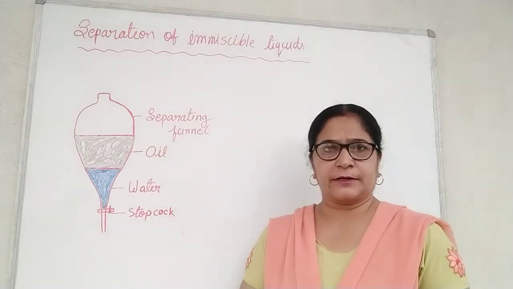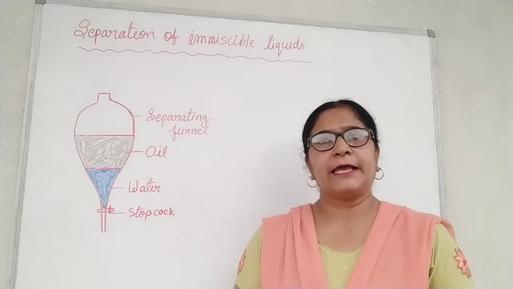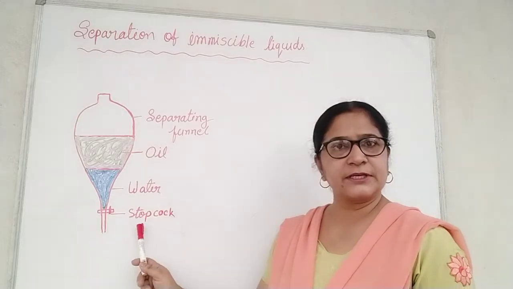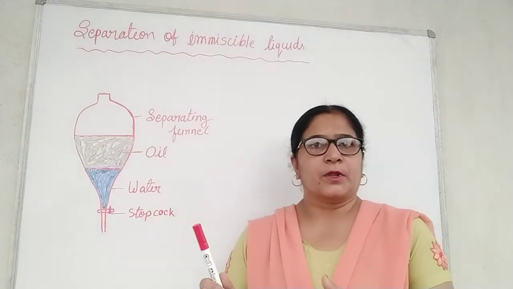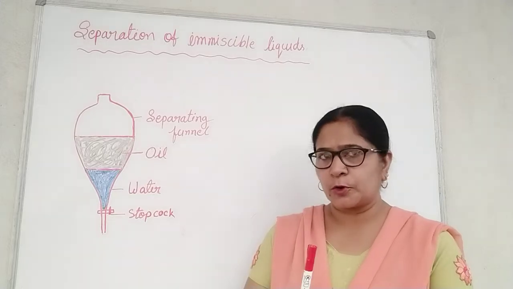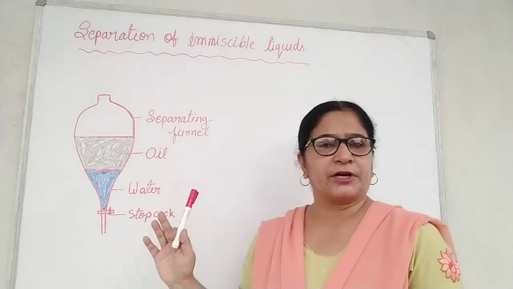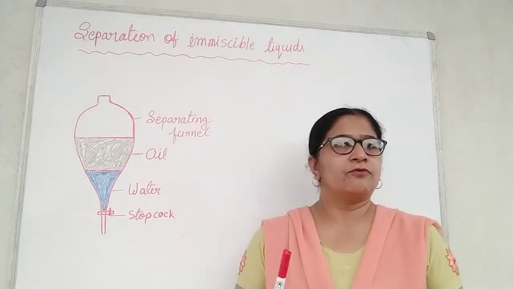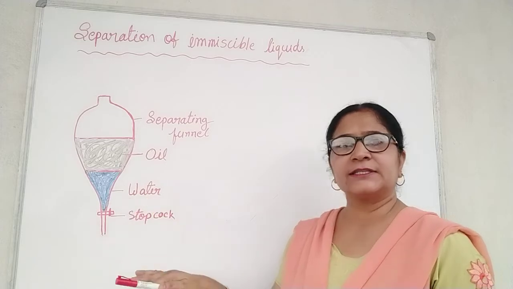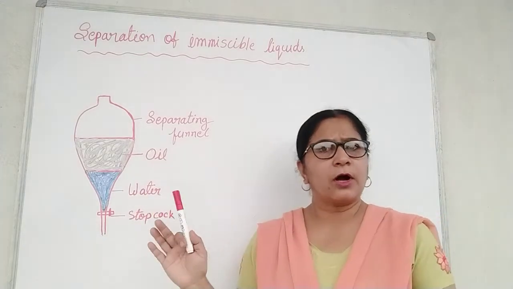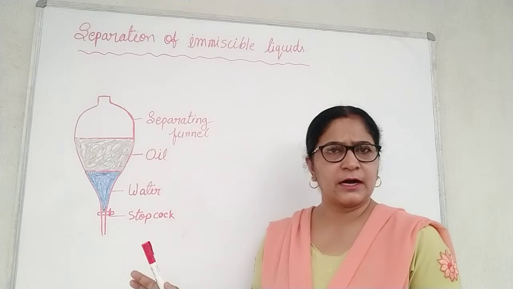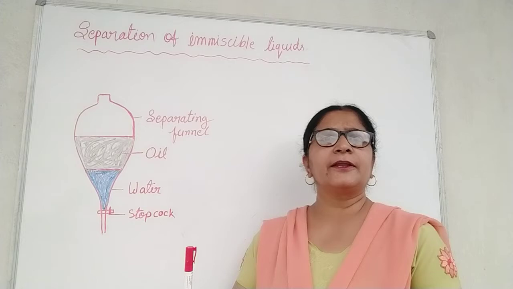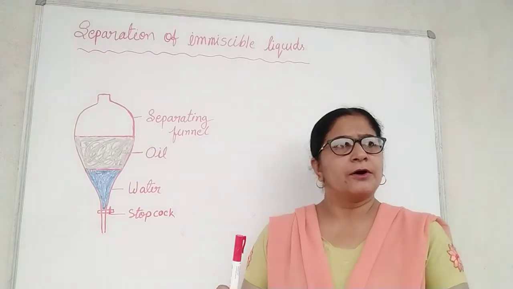Now you can open the stopcock. This is the stopcock of the separating funnel. You can open it and pour out the water very carefully. Once you see the water level come down and all the water is poured out, close the stopcock again.